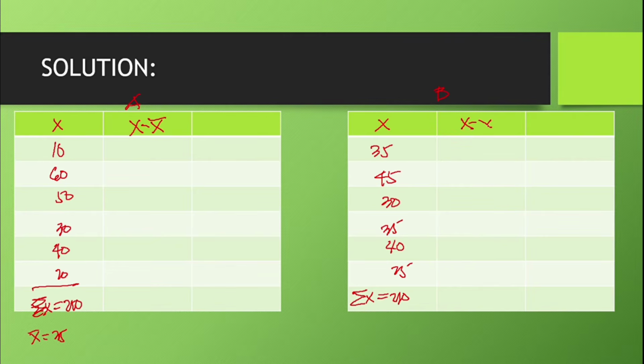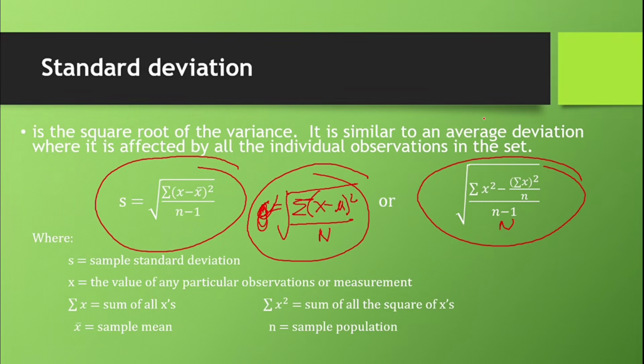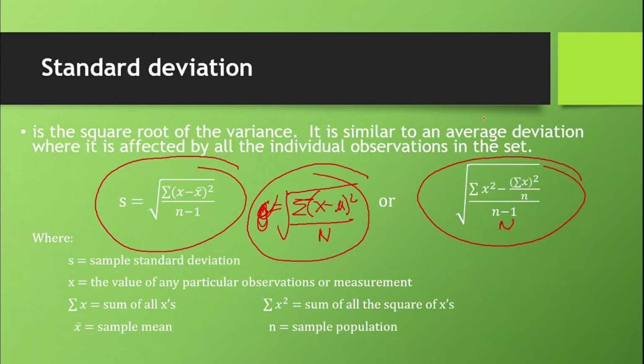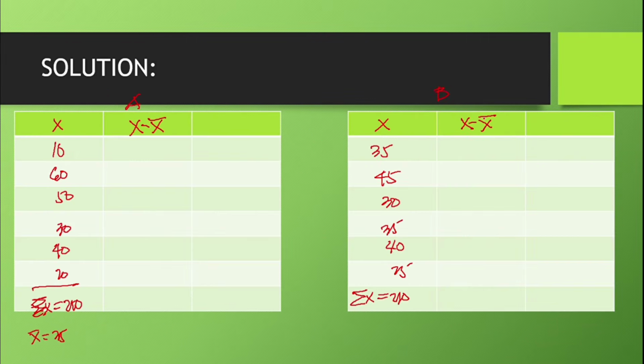As in the solution for average deviation, it is still the same process, x minus the mean. So we're just going to copy here the result. The result of this one is negative 25, then 25, 50, negative 5, 5, and negative 15. And take the summation of this one, x minus the mean is equal to 0.